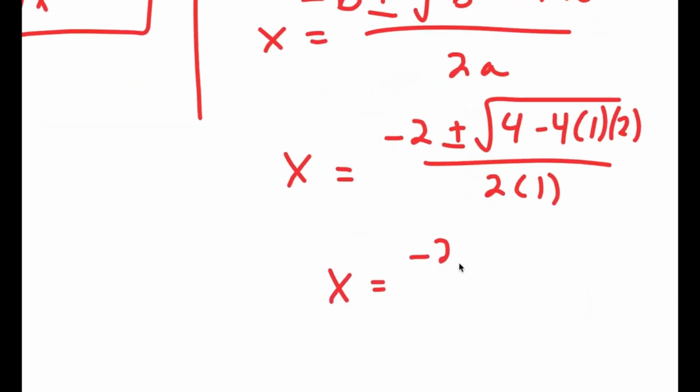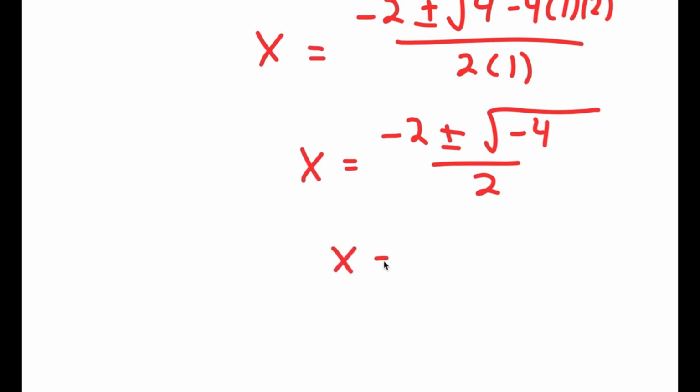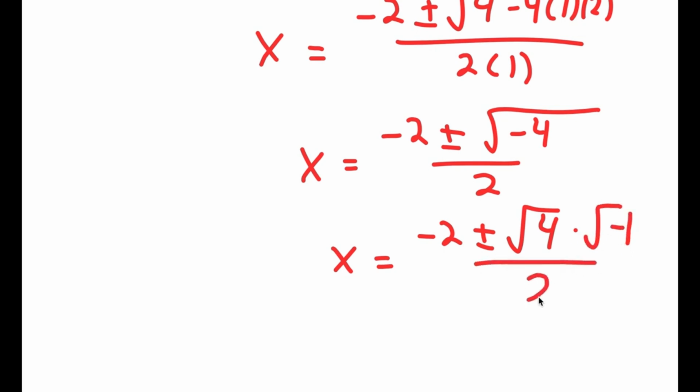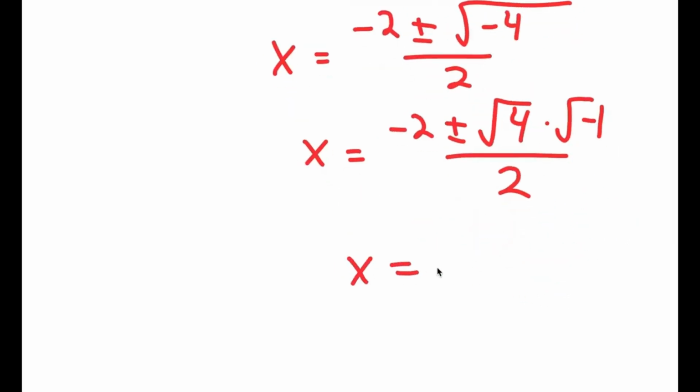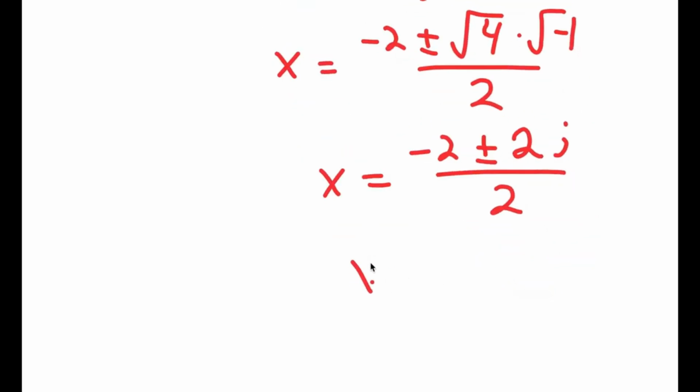And now this is equal to negative 2 plus or minus the square root of 4 minus 8, which is negative 4, over 2, which is equal to negative 2 plus or minus the square root of 4 times negative 1 over 2, which is equal to negative 2 plus or minus 2i, since the square root of negative 1 is the same thing as i, over 2, which is the same thing as negative 1 plus or minus i.